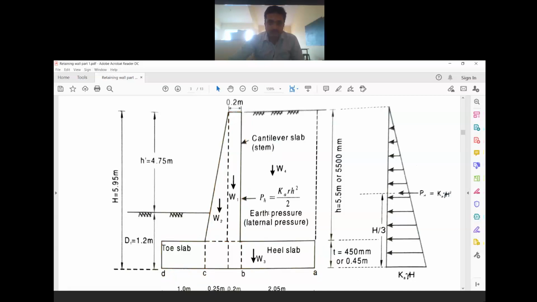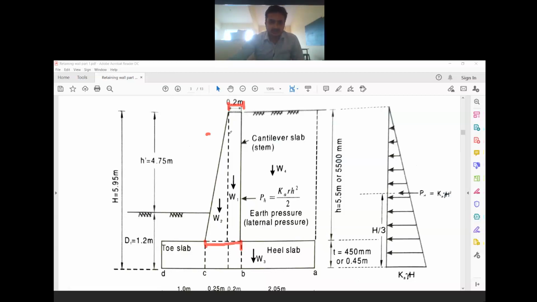And one more thing you can observe here is that at the base of the stem, the width is higher than the width at the top. So you should also observe this. Why? Because as we go deeper, the weight of the soil will increase.